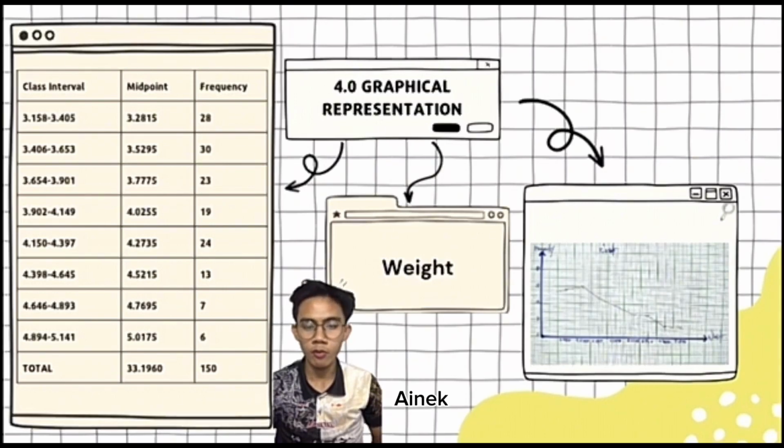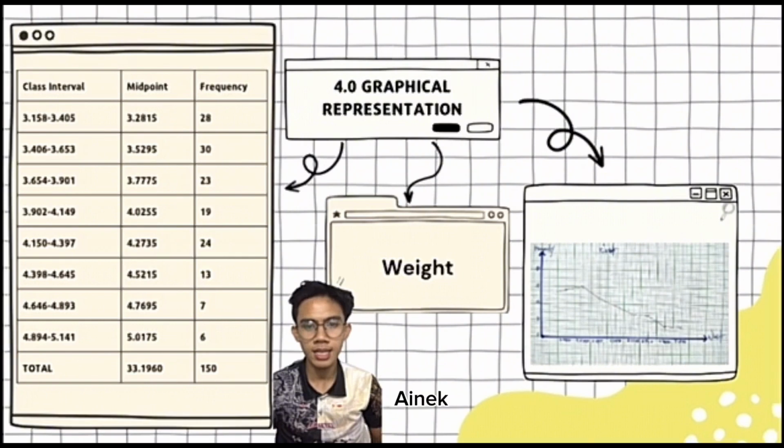Class interval number 2 is 3.406 until 3.653, midpoint 3.5295, and frequency is 30. Class interval number 3 is 3.654 until 3.901, midpoint 3.7775, and frequency is 23.